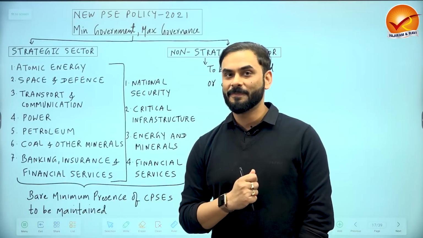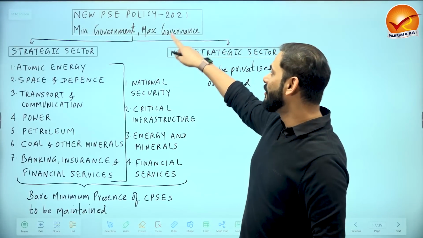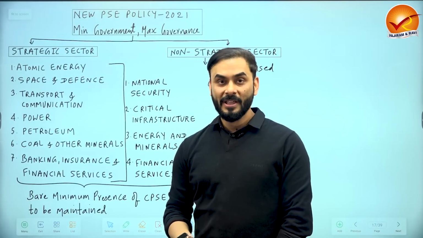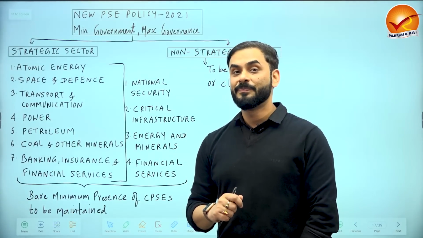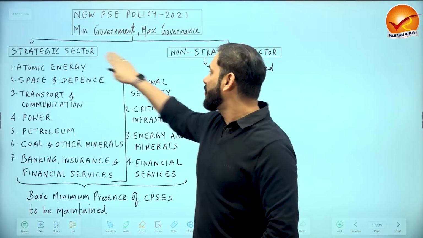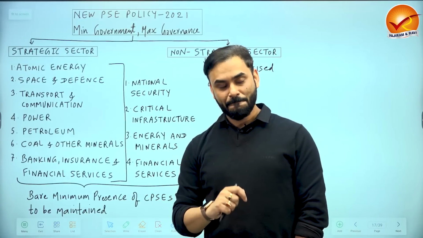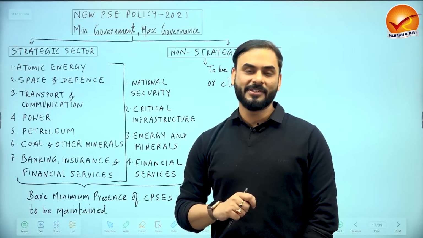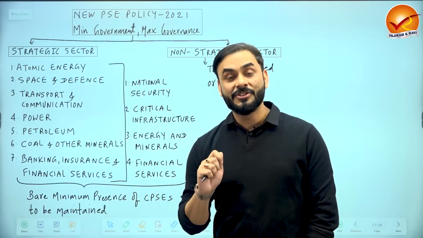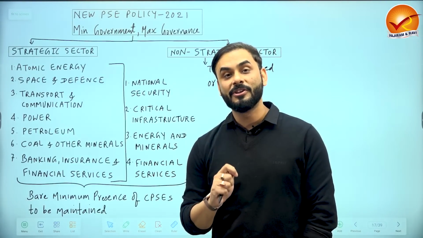This is the philosophy. So what has Government of India done in the new Public Sector Enterprise Policy 2021? Government is dividing the different sectors of India into two parts, strategic sector and non-strategic sector. What do you mean by strategic sector? There are 4 sectors which are called strategic sectors according to the new list of the government.